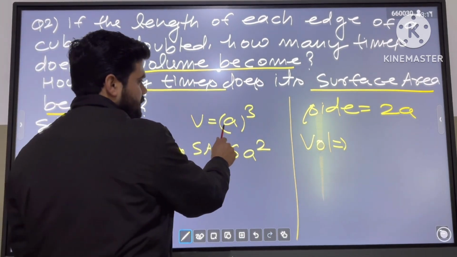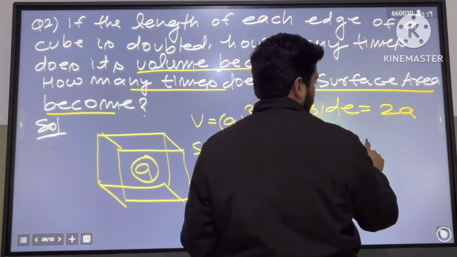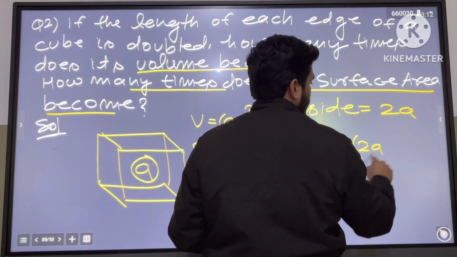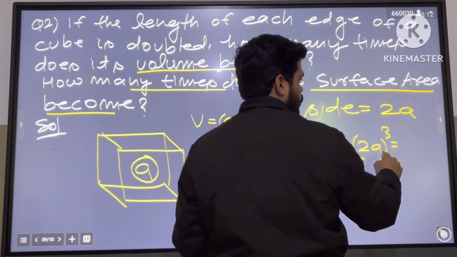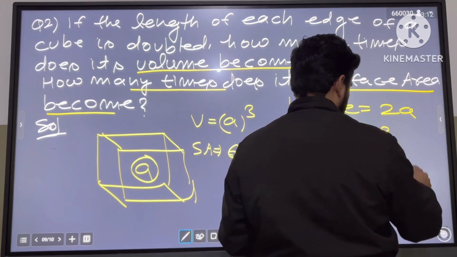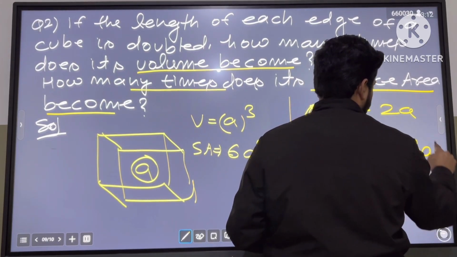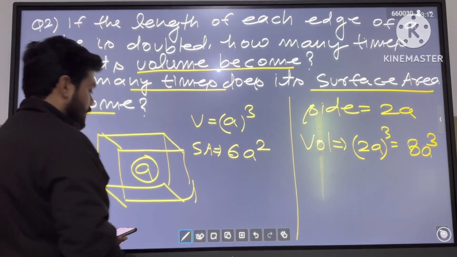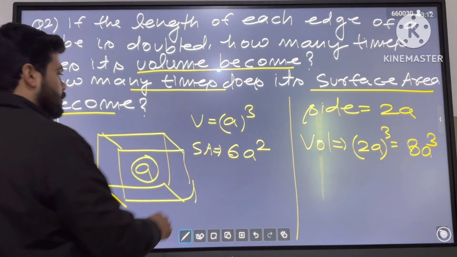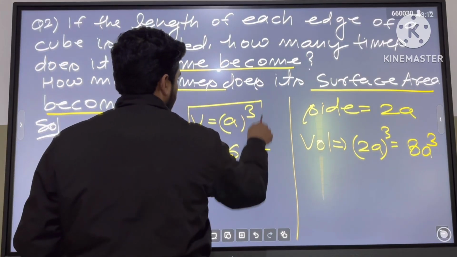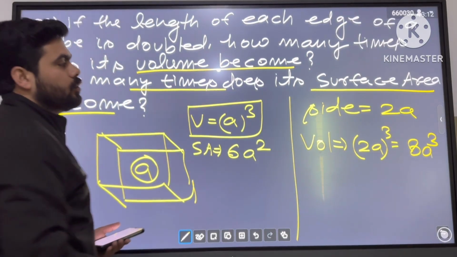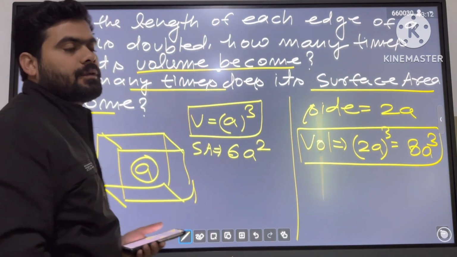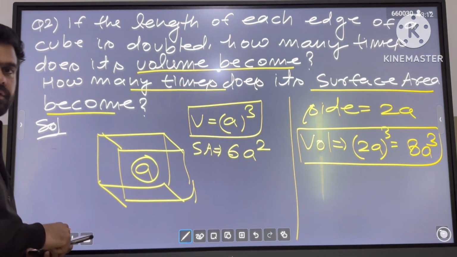The formula of volume is side cubed. So (2a) cubed is equal to 2 cubed, which is 8, so 8a cubed. So dear students, we can compare that the volume becomes 8 times, because the volume of the previous cube is a cube and the volume of the new cube is 8a cube, which is 8 times the previous.